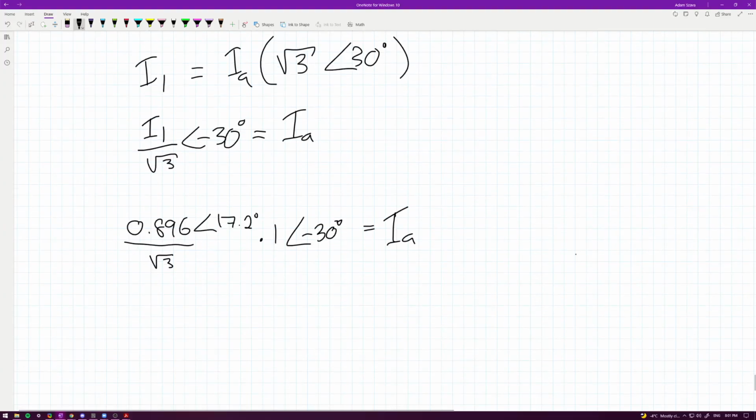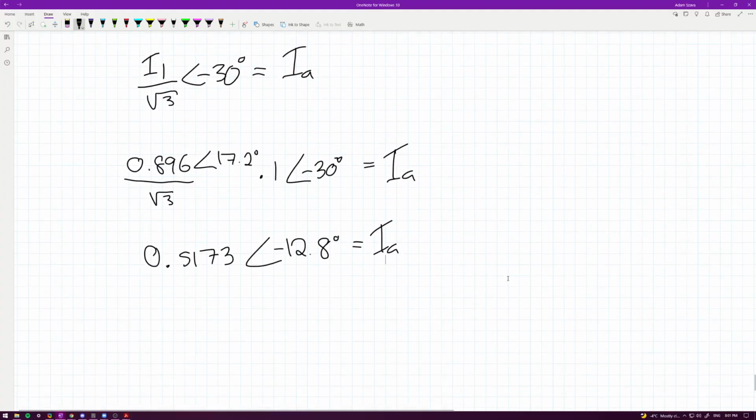So the magnitudes are going to divide: 0.896 over root 3 is 0.5173 to an angle of 17.2 minus 30, minus 12.8 degrees equals IA. Okay, and so we figured out IA through that.